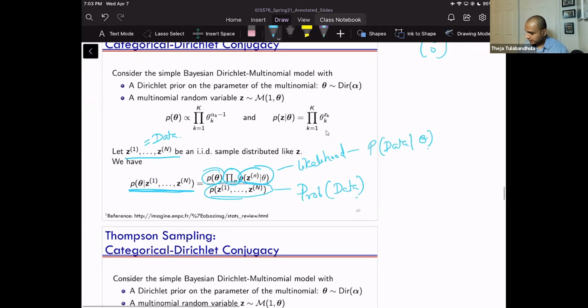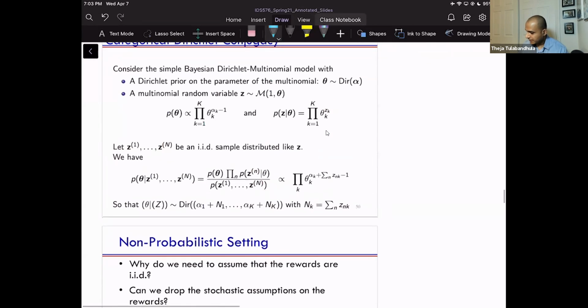Now, if you compute this, it turns out, we're not going to show it, that it has an expression which looks like this. Okay, so what is this? Again, it is a product over each of the k coordinates of theta. And it turns out this posterior distribution is proportional to a product of a bunch of thetas.